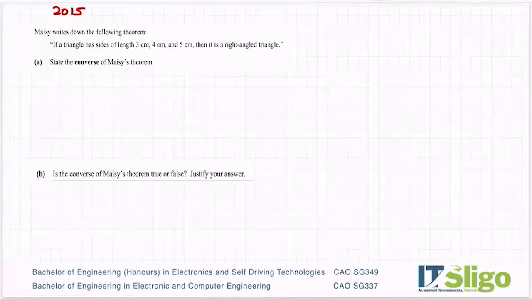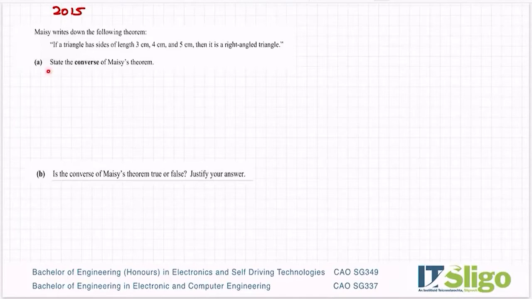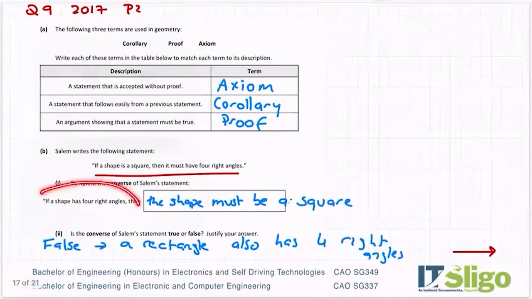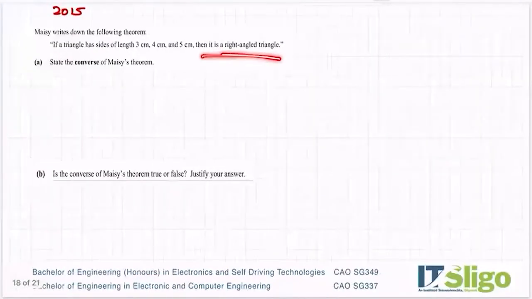Maisie writes down the following theorem. If a triangle has sides of length 3 centimeters, 4 centimeters, and 5 centimeters, then it is a right-angled triangle. Now in this year, it also asked you to state the converse of Maisie's theorem. It didn't start you off as nicely as it did in 2017. So start at the end.